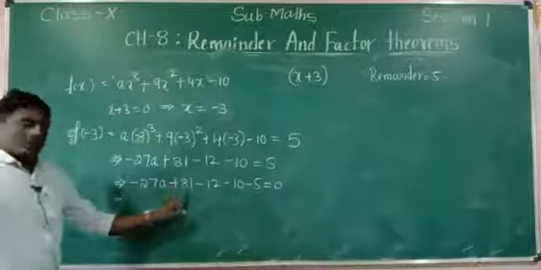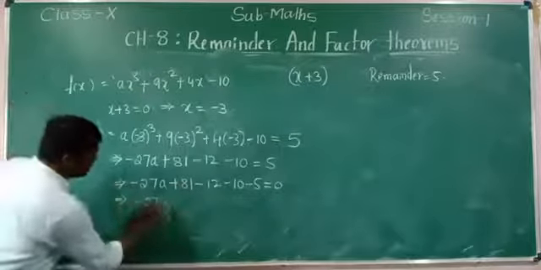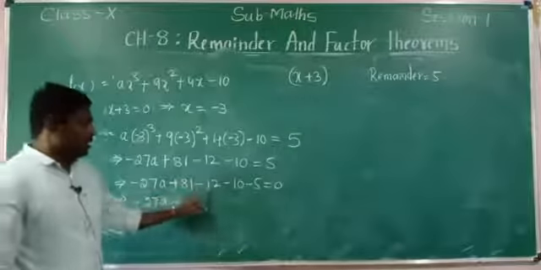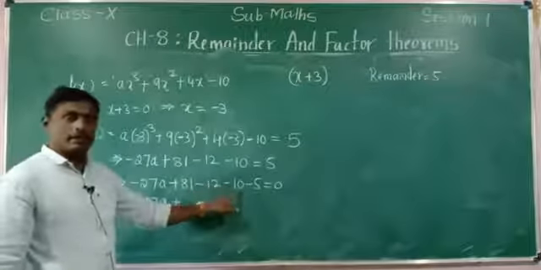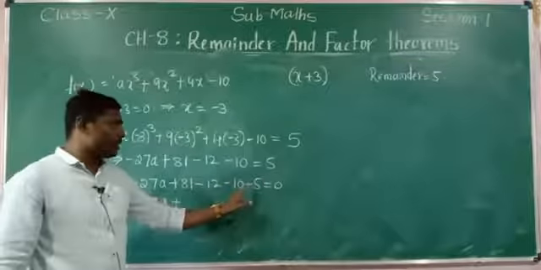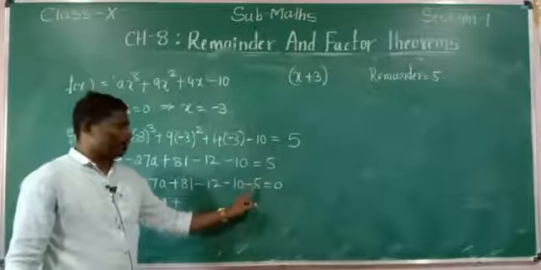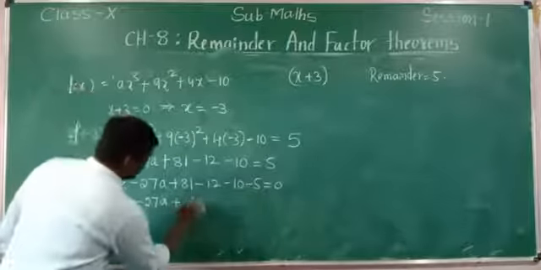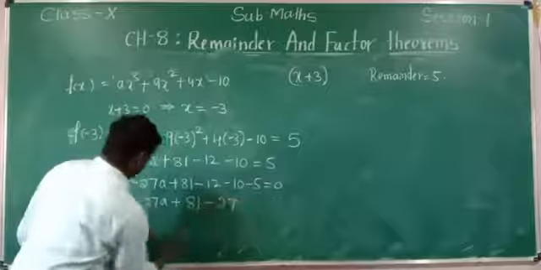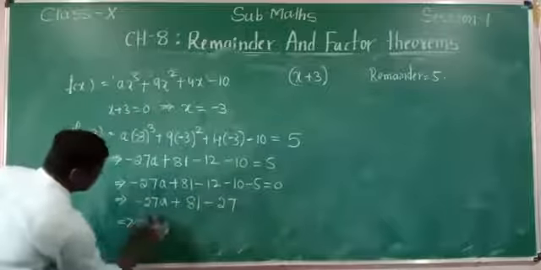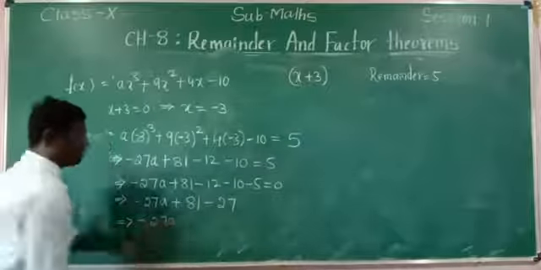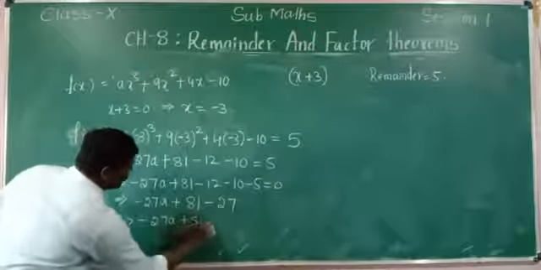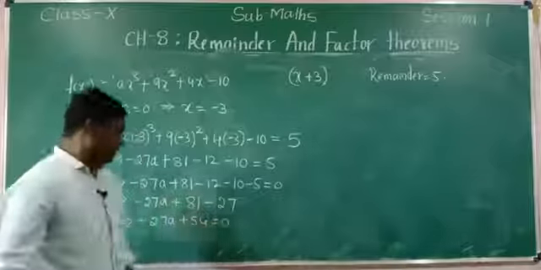Now minus 27a, write as it is, plus 81 minus 12 minus 10 minus 5, that is minus 12 minus 10 is minus 22, minus 22 minus 5 is minus 27. So 81 minus 27 is plus 54, so minus 27a plus 54 is equal to 0.